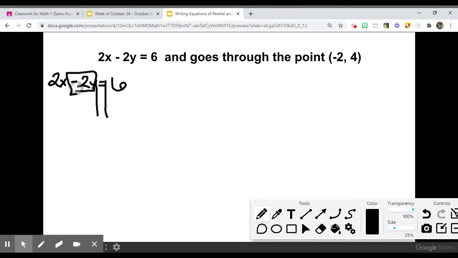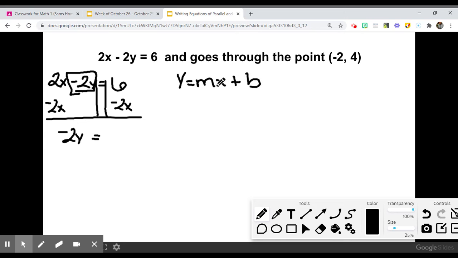So I'm going to leave this section alone, which means I need to move the 2x over. It was positive, so I'm going to subtract 2x. And if you all don't mind, I'm going to put the 2x in front just because my formula is y is equal to mx plus b, so the x comes first in this case. So let's go ahead and put subtract 2x, and then that was a positive 6.